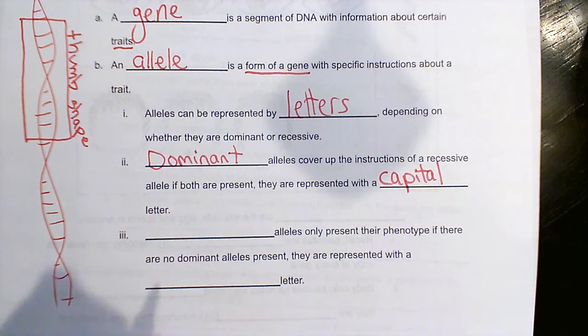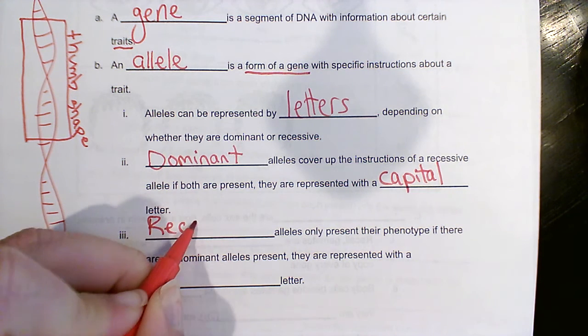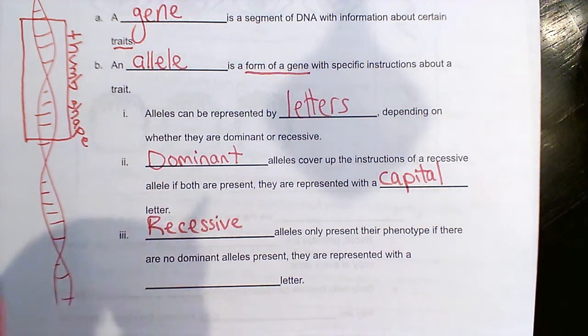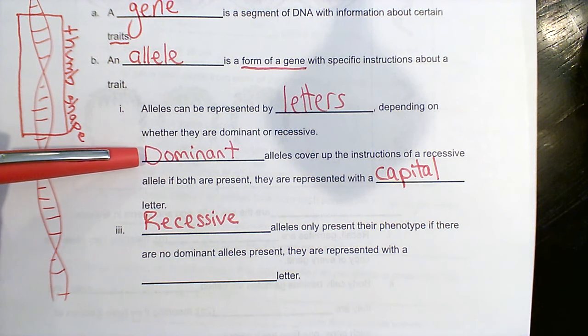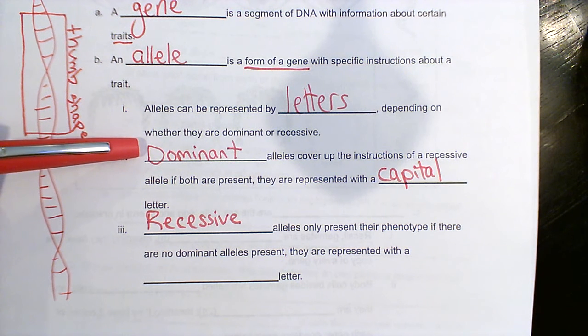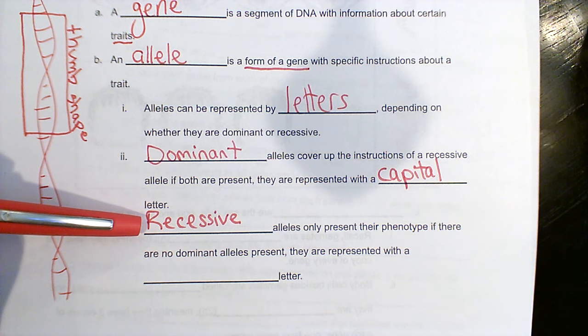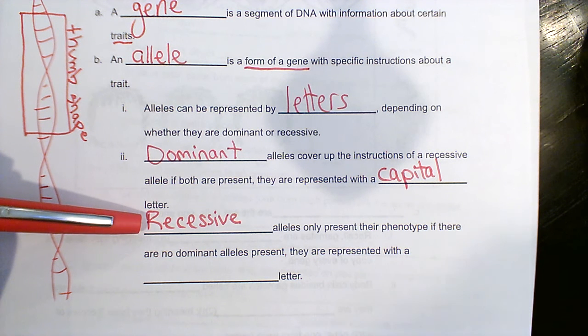Okay, so then the opposite of dominant would be recessive, and that would be like an insanely shy person in a conversation, right? So they're not going to talk unless nobody else is talking, right? So if there's a dominant allele, it takes over. But if there is no dominant allele around, then the recessive ones are going to have to step up, and their version of the trait actually gets to show up.